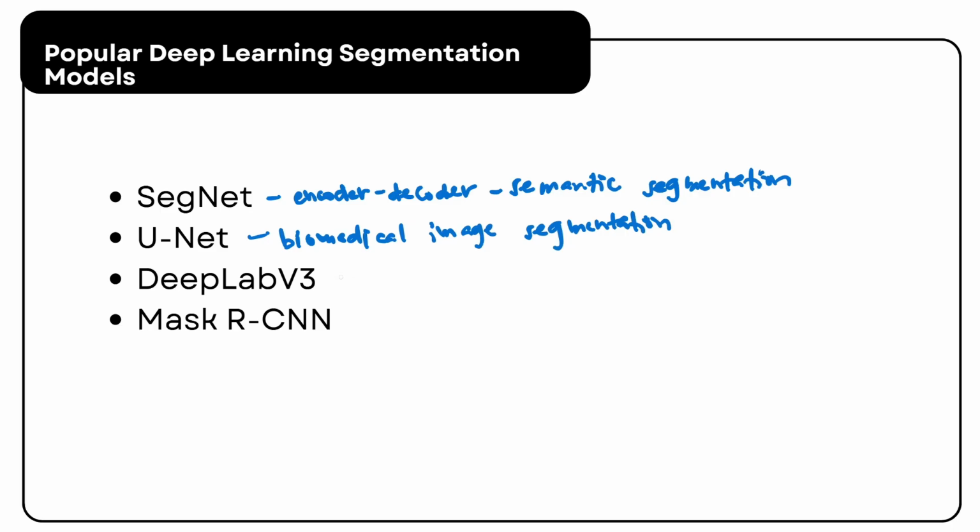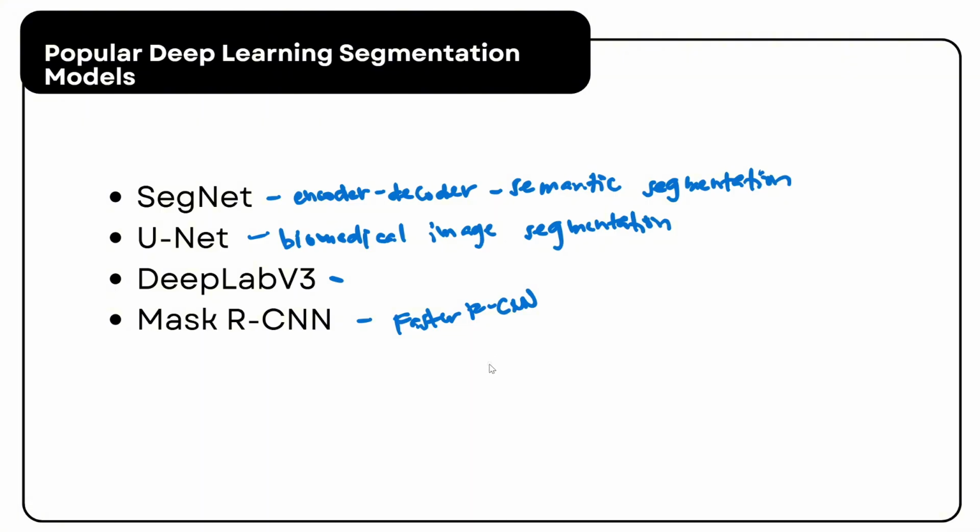And what we have here is DeepLabV3. This is a very advanced architecture that uses dilated convolutions. We will discuss it later on. And we have Mask R-CNN. This one builds on Faster R-CNN by adding a third branch that outputs a segmentation mask along with the bounding box, so it performs instance segmentation.